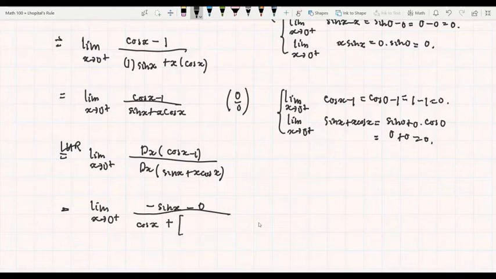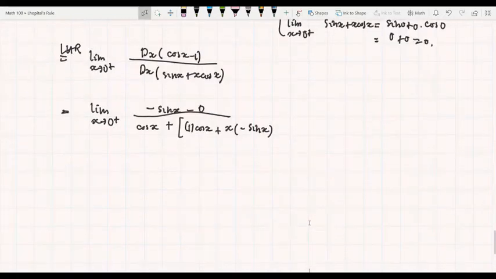For the product x cosine x, again we will apply the product rule. So we have the derivative of x times cosine x, or 1 times cosine x plus x times the derivative of cosine x, which is negative sine x. So simplifying this one, what do we get?